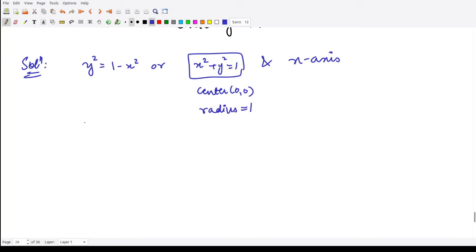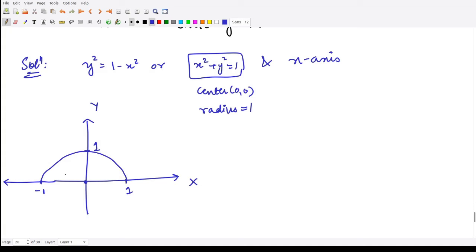So we have our xy plane like this, right? And on this xy plane, this point is the origin. Suppose this is the point 1, so this is the corresponding point minus 1. So our semicircle would pass through all these points. So we will have a circle of this kind, right? So this is the semicircle bounded by the x-axis and this circle.